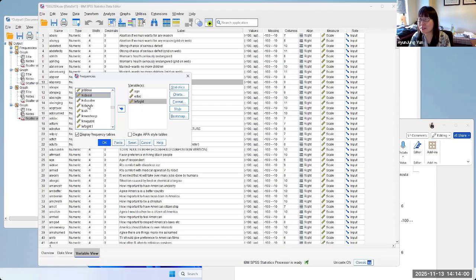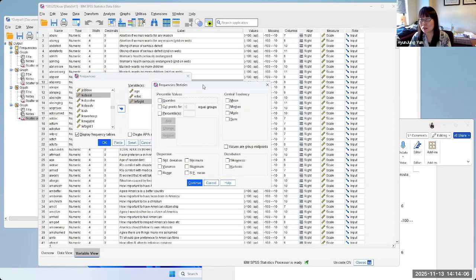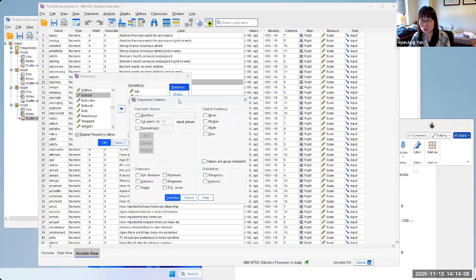So let's just check whether they are clean or not. Leave frequency table as a check, and then statistics there. This is descriptive statistics. Descriptive statistics require central tendency and variability. These are all numeric variables, so you can find the mean, median, mode, no problem.